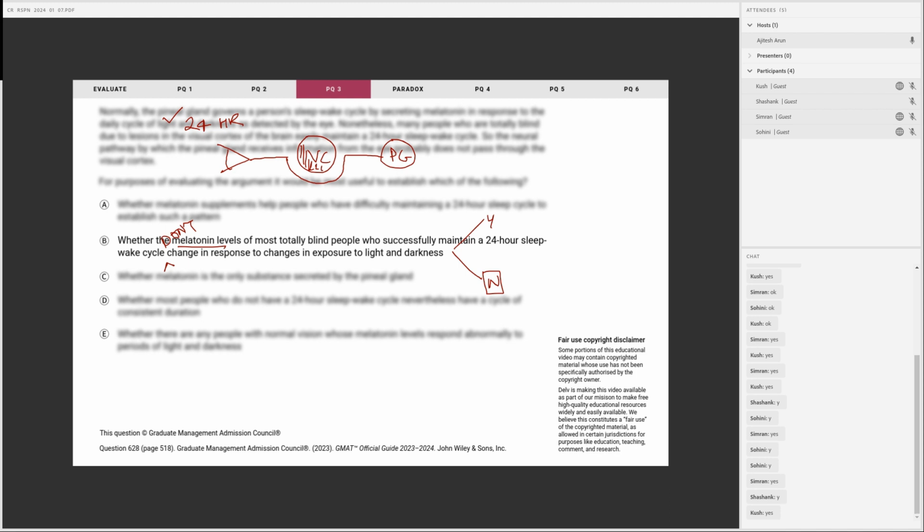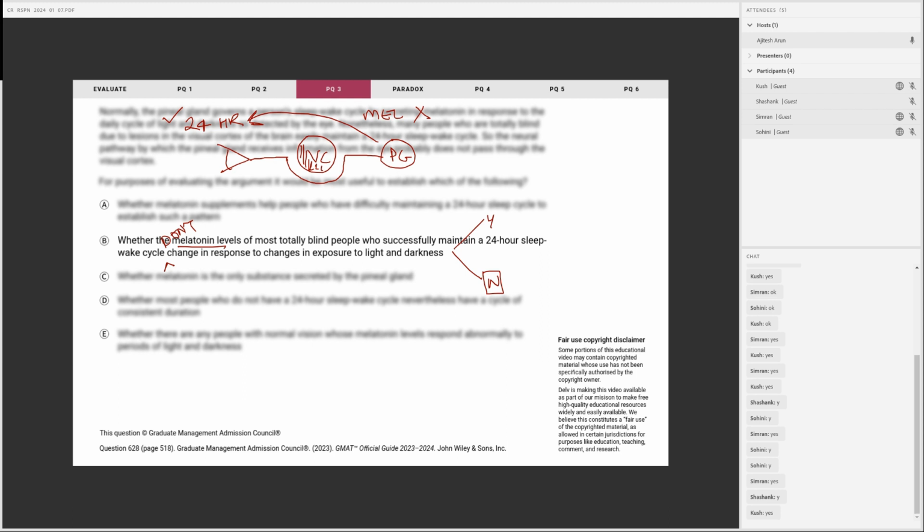But the melatonin levels don't change, right? When light and darkness levels change. If that's the case, then that effectively tells us that the pineal gland is not really working or activated, right? This is not what is helping them maintain the 24-hour sleep-wake cycle.